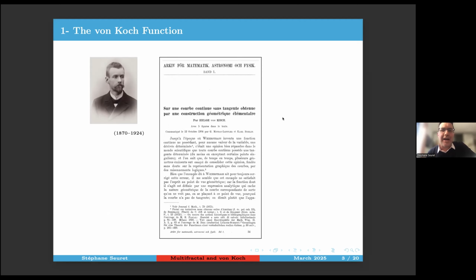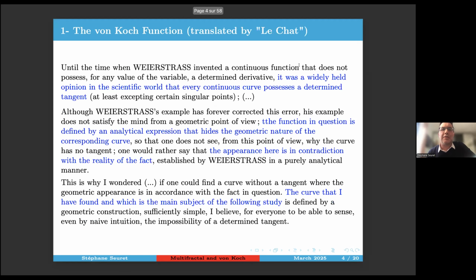But I like the introduction very much. It's written in French, so I'm going to read it, but it was translated by Le Chat, this French AI software. So you can read it.